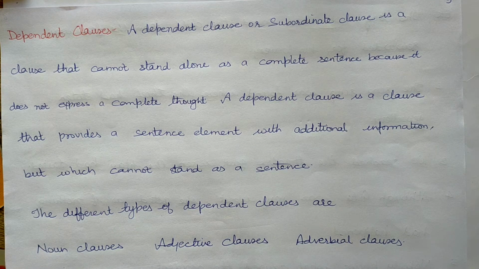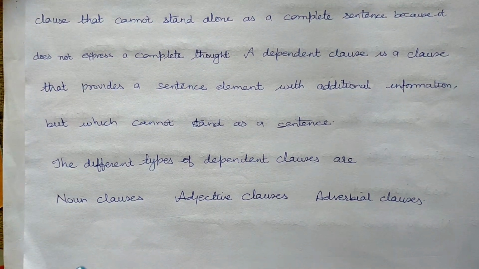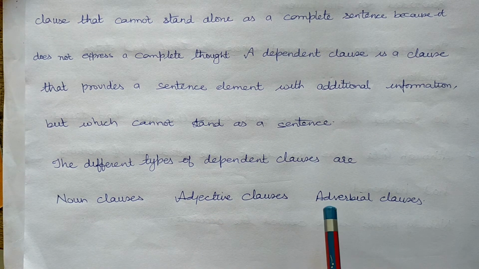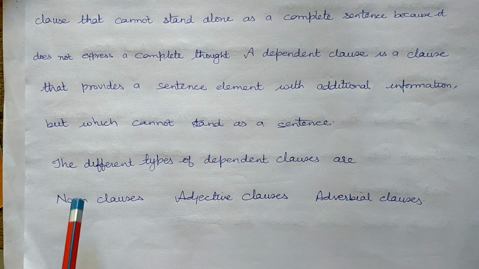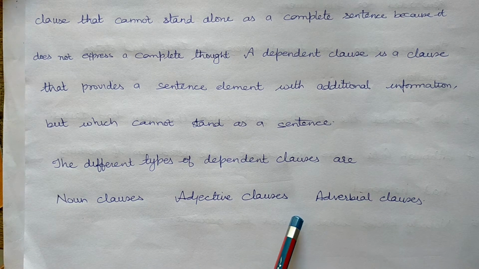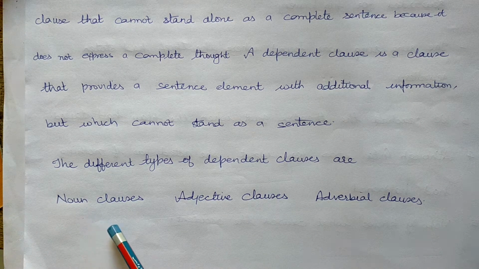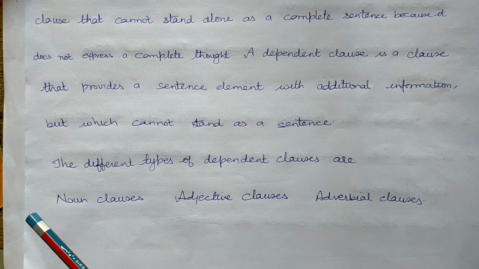The different types of dependent clauses are noun clause, adjective clause, and adverbial clause. We have already discussed all these three types thoroughly in our previous topic, clauses. So here we will discuss only the difference between sentences, phrases and clauses.